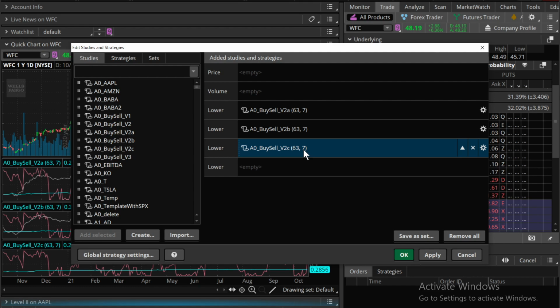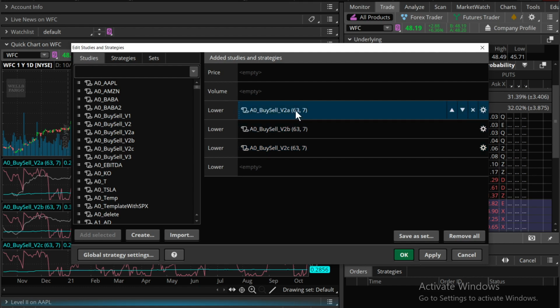I'm going to be looking at a lot of these. These two numbers are variables that I use to help make the prediction, to determine whether the indicator is good for that stock. So if I adjust these, I'll get different numbers.